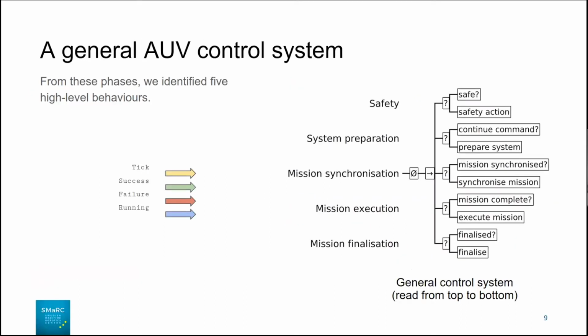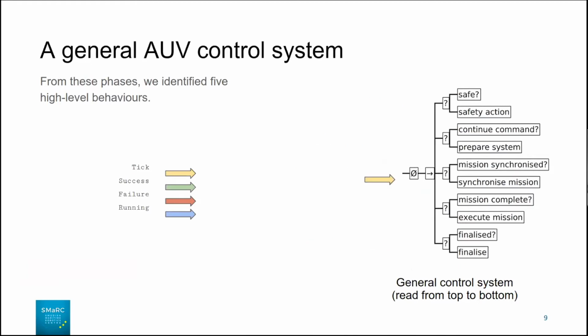If you don't know how a behavior tree functions, it's kind of like this. You have different branches of the tree that are dedicated to different purposes. As I mentioned, there's safety, which is the first priority up there on top. Down below, you have things like mission execution, which is just going through waypoints. The behavior tree works like this: a tick comes in, and it checks the first thing, is the vehicle safe?